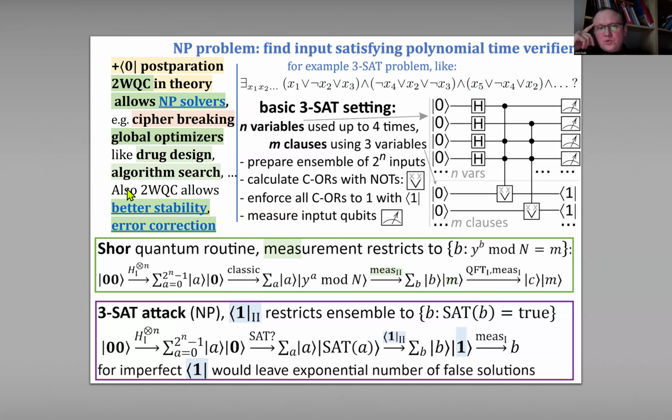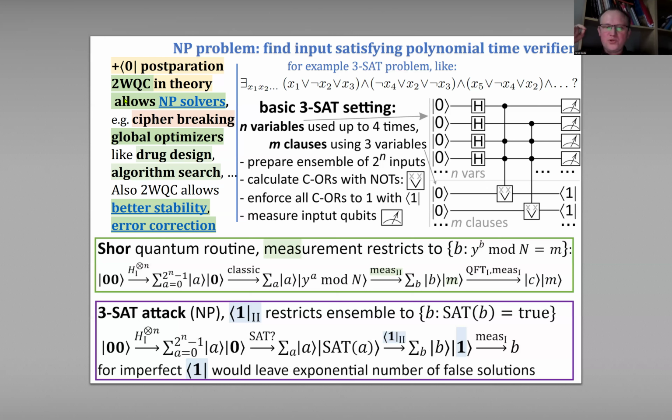And also, two-way quantum computers in theory allow for much better stability and error correction. There are many new error correction approaches. For example, there is mid-circuit measurement for quantum error correction, where we measure some qubits.